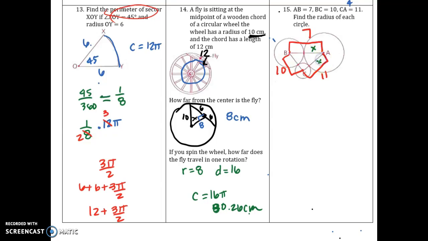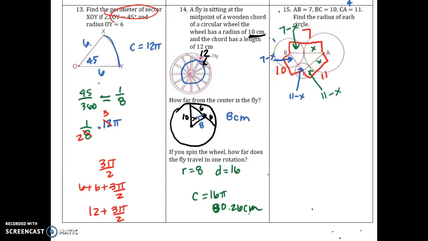So that's x and that's x. That one there, I would say, is 11 minus x. This one here is 7 minus x. This radius and this radius are the same. So that radius is also 11 minus x. And this radius is 7 minus x.